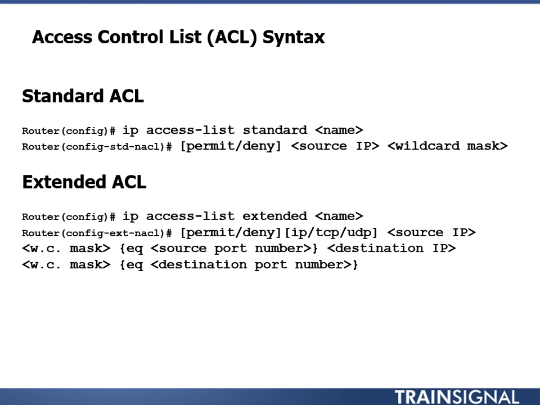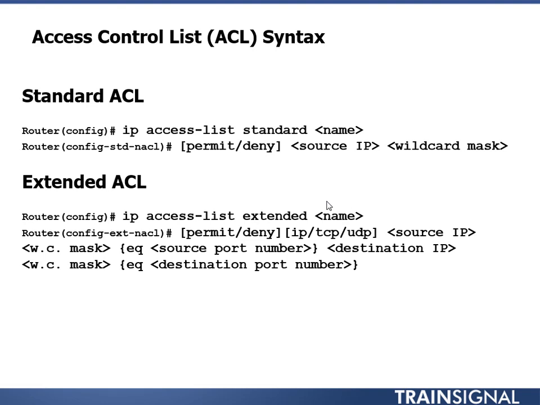For an extended access list, on the other hand, we can use the command ip access-list extended and then a name. And here we're going to say permit or deny. We're going to choose a protocol, either IP, TCP, or UDP. There are other options here, but for the purposes of this conversation, we are primarily going to be filtering based on these protocols.